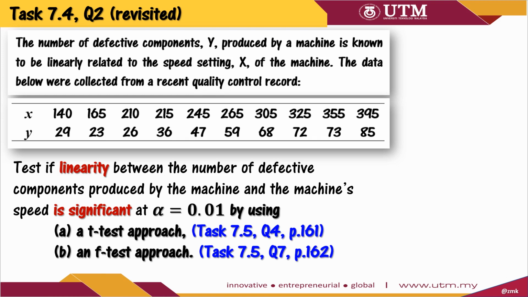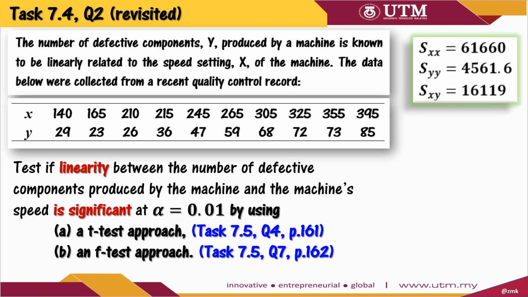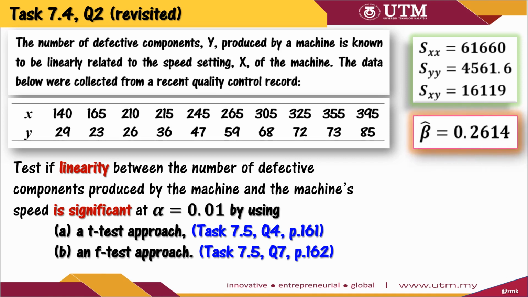Using either approach, the sums of squares and the sum of product as well as the estimated slope parameter beta hat obtained earlier are very useful in solving these questions.